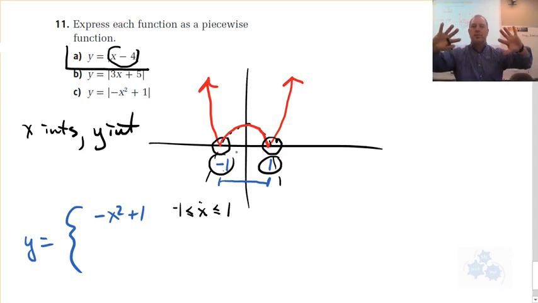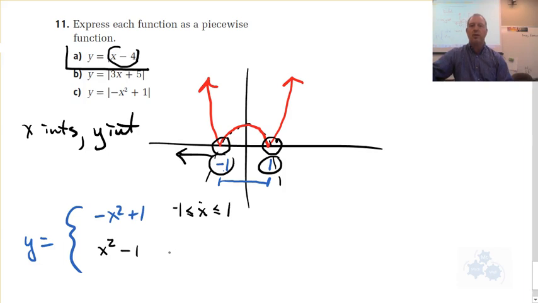Okay, and then you're going to have the negative version of this. So it's going to be positive x squared minus 1. And you got to show two spots. That is less than negative 1. So x is less than negative 1. And you can use a comma there, whatever. And then also where x is greater than positive 1.